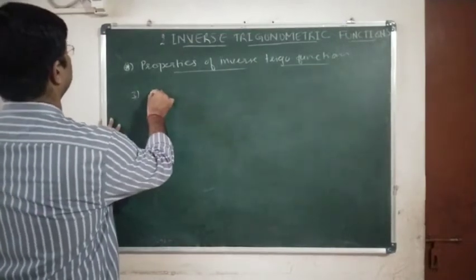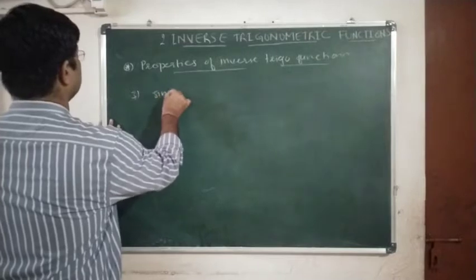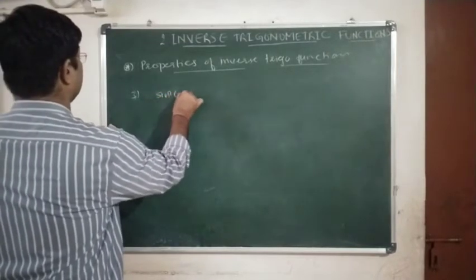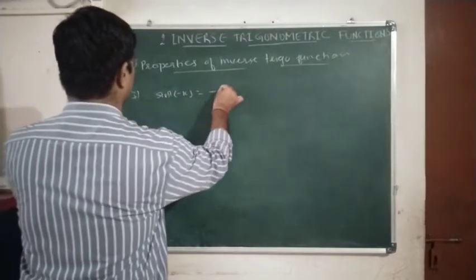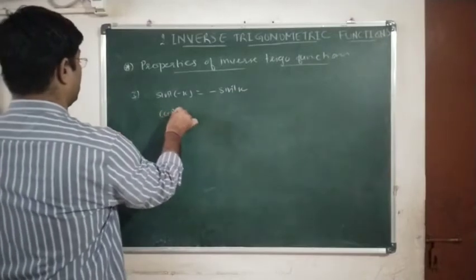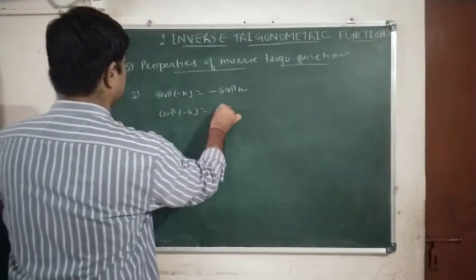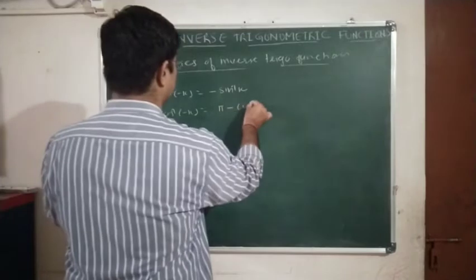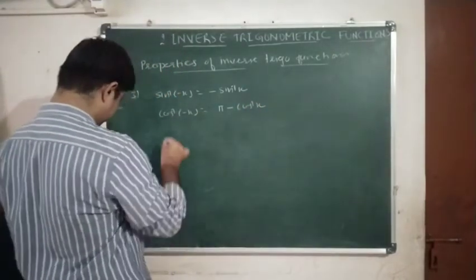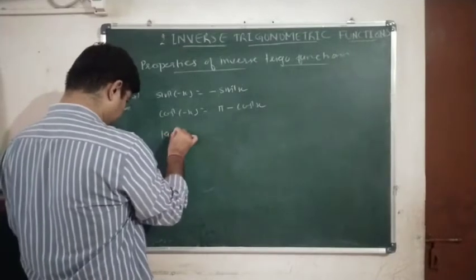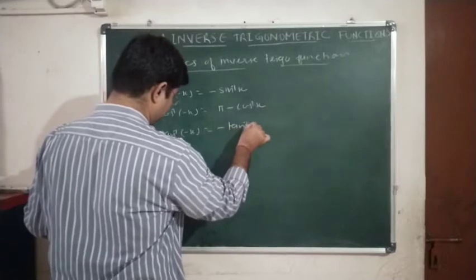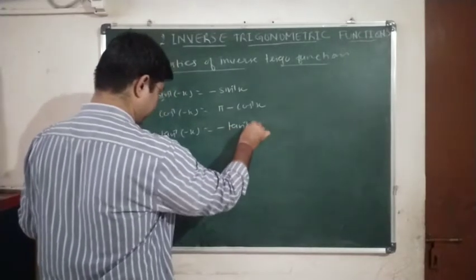Okay, we have sine inverse of minus x is equal to minus of sine inverse x. Cos inverse of minus x is equal to pi minus cos inverse x. Tan inverse of minus x is equal to minus of tan inverse x.